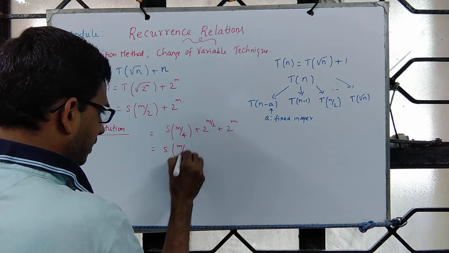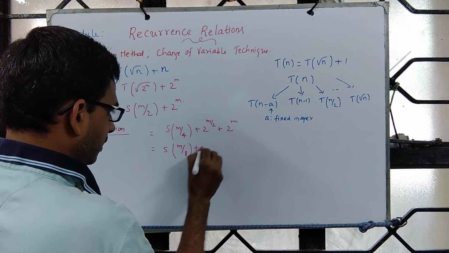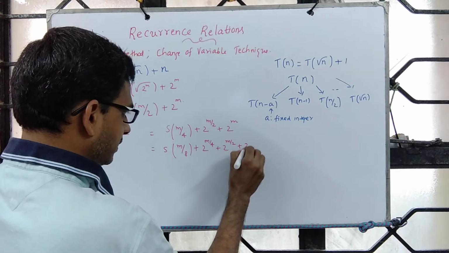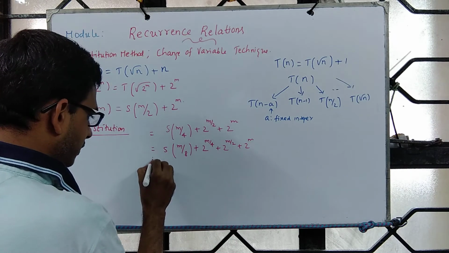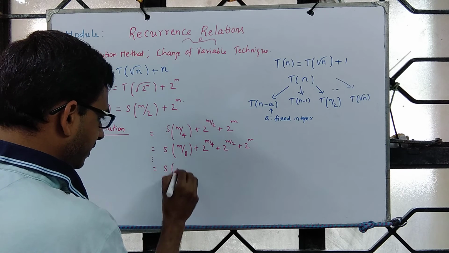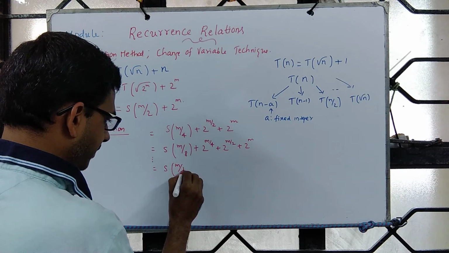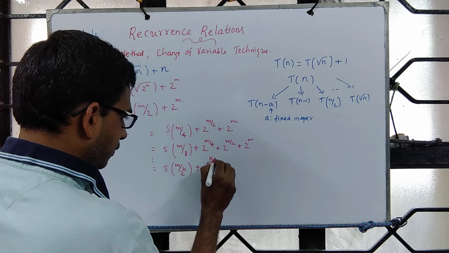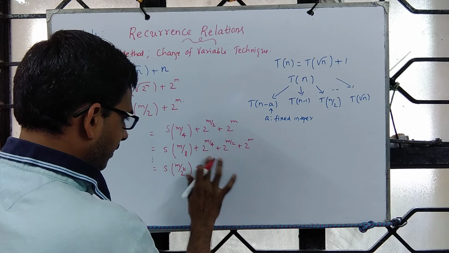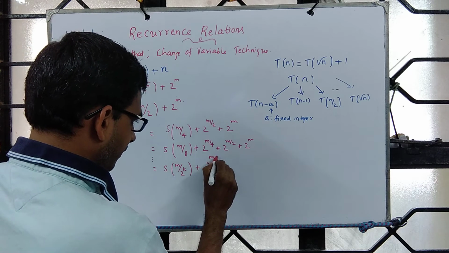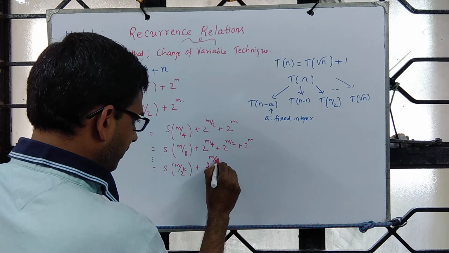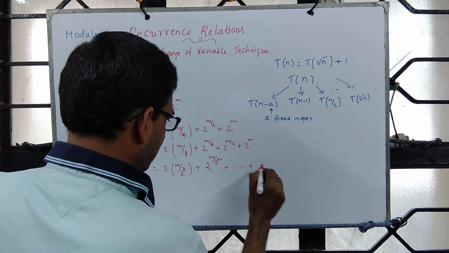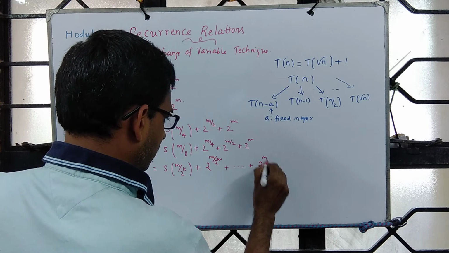And this is s of m by 8 plus 2 power m by 4 plus 2 power m by 2 plus 2 power m. So after k iterations, you see that this becomes s of m divided by 2 power k, and we get to see 2 power m divided by 2 power k minus 1, and so on up to 2 power m.